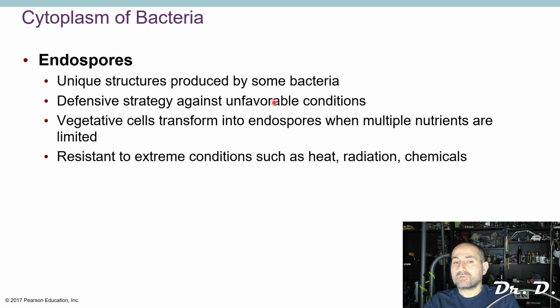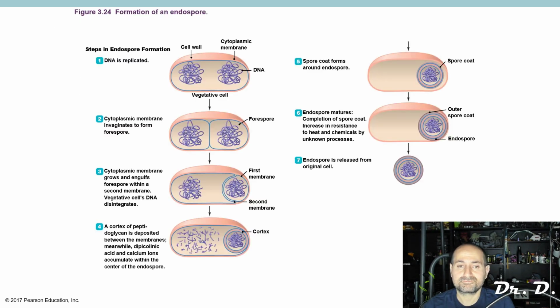And that spore will germinate or grow out, right? Start growing back into a vegetative cell once it senses that those conditions have passed. So the heat's gone away, the radiation's gone away, the chemicals have gone away, or there are more nutrients in the environment. And here's how the endospore forms.